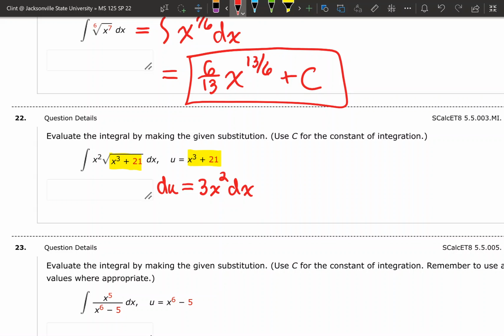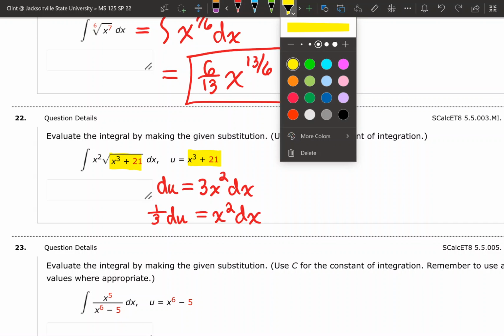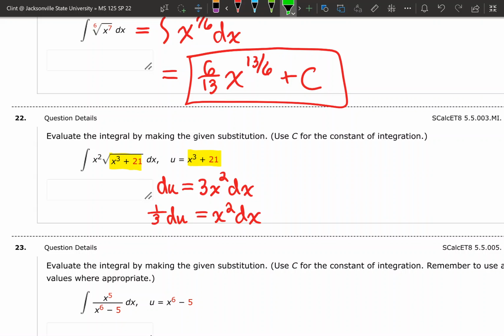So to adjust that, we can divide both sides by 3, or you could think about multiplying both sides by 1/3. So now this part is 1/3 du.